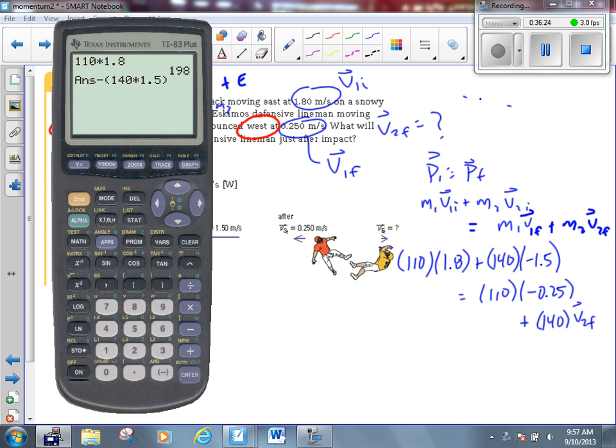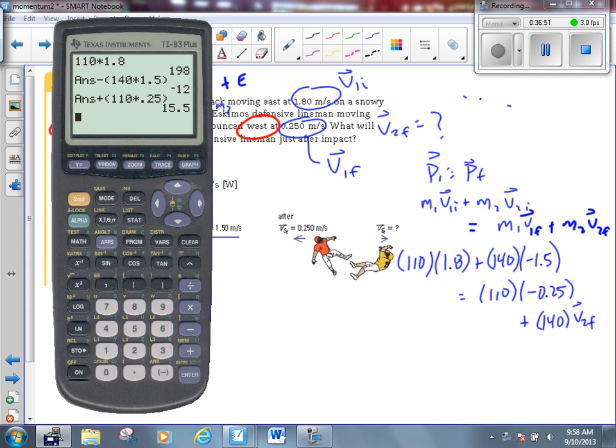The left-hand side is negative 12. Now, I'm going to add to that 110 times 0.25. Why did I add that? Abby? Yeah, on the right-hand side, 110 times negative 0.25 is a negative value. Take it to the left side by adding.